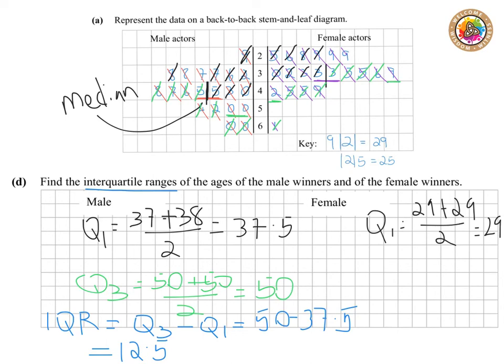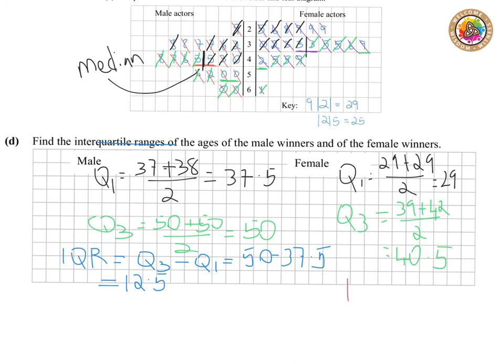So Q3 here is equal to 39 plus 42 divided by 2, which is 81. Divided by 2, that gives me a Q3 of 40.5.